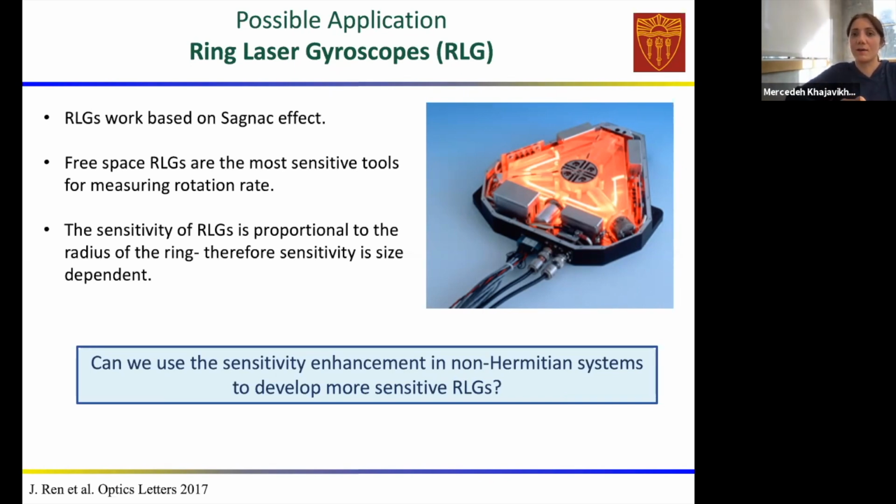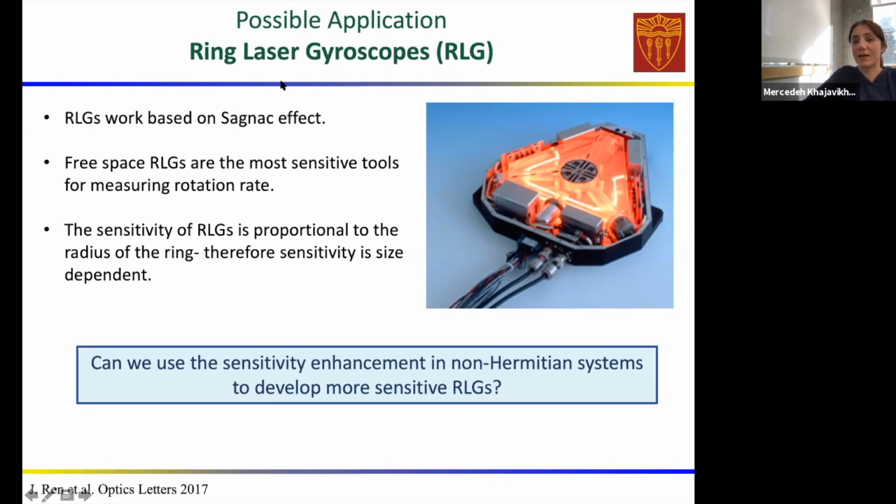So where is it that we actually want a lot of sensitivity and there is still not enough? We already have gain, because remember, with non-Hermitian systems you go through the pain of introducing gain in the system. So there must be an application that justifies all of that, and that's what we looked for.